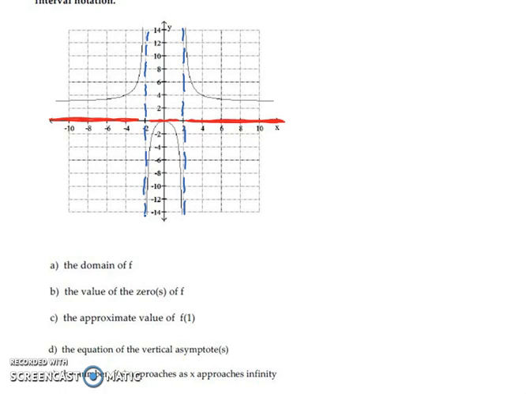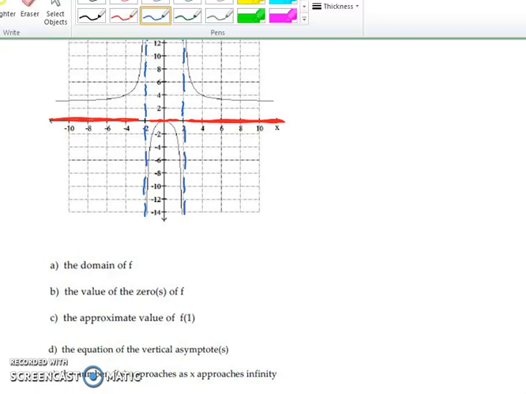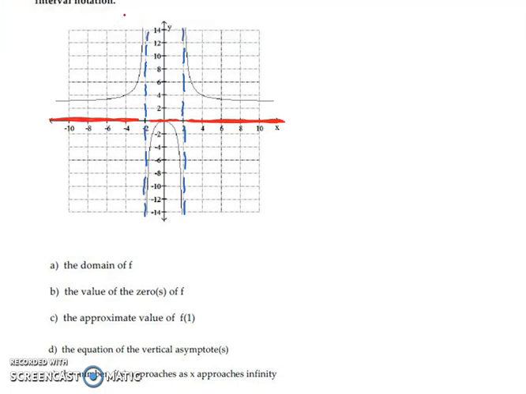So when I write this in interval notation, I write from negative infinity to negative 2, with parentheses because I'm not including negative 2 because there is an asymptote there.